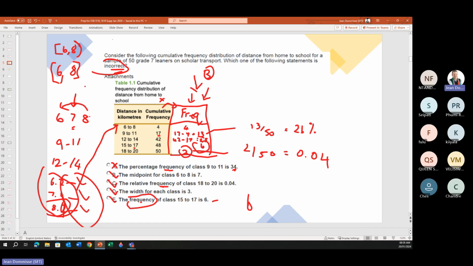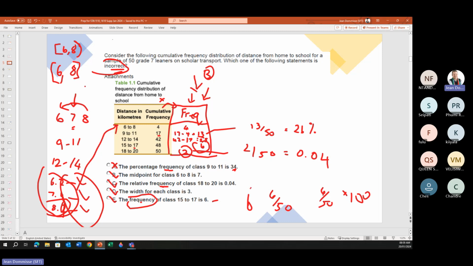If it was relative frequency, it would have been 6 divided by 50. And if it was percentage frequency, it would have been 6 divided by 50 times 100%. Okay, so again, that nearly covers all of the ones that we had with frequency as well.